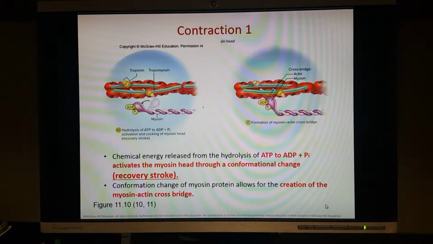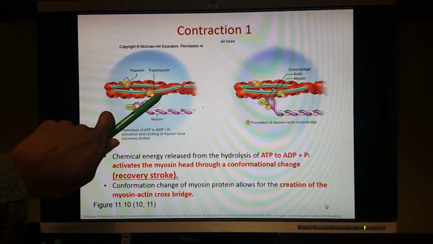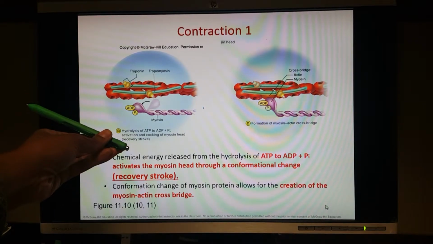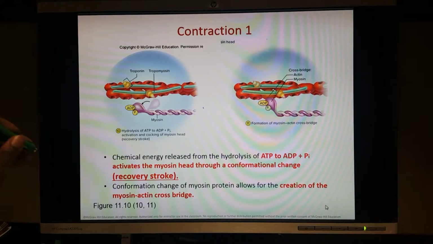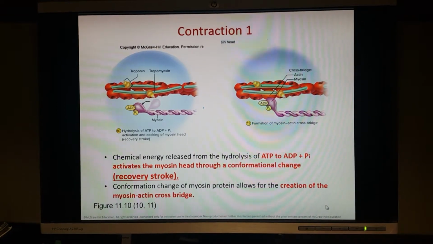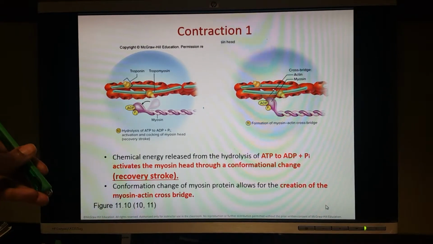When that hydrolysis happens, it causes a conformational change in the myosin protein. So at the first part of contraction, causing the head of the myosin to cock back, so it's in position now to bind to those active sites on actin, helping to create the myosin-actin cross bridge. So this is your recovery stroke.